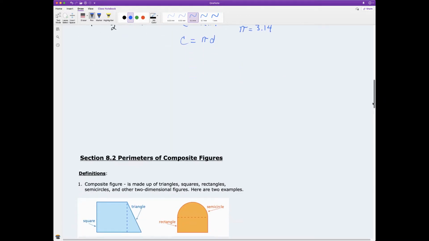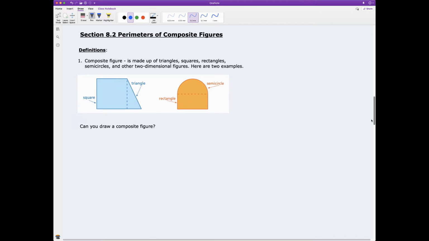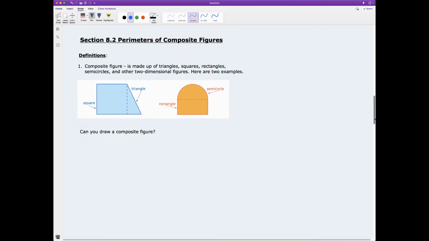All right, let's get to section 8.2, Perimeters of Composite Figures. In order to find perimeters of composite figures, we need to know what a composite figure is. A composite figure is made up of different shapes: triangles, squares, rectangles, semicircles, and any other two-dimensional figures that you can think of.